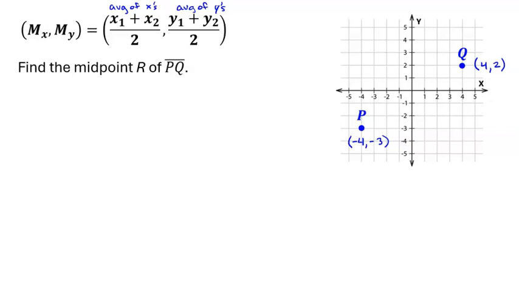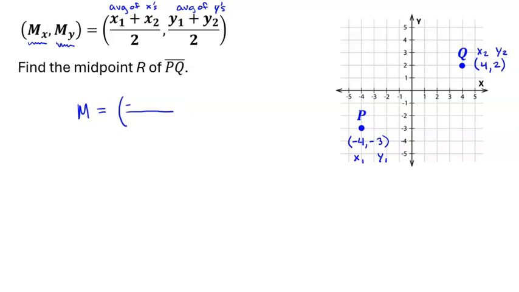So when I'm writing my formula, this just represents the x of the midpoint, and this is the y of the midpoint. So I've got midpoint is equal to, and then we've got x1 plus x2. So remember, it doesn't matter which point we put first. So we're going to put x1, y1, x2, y2, and let's go ahead and put it into our formula.